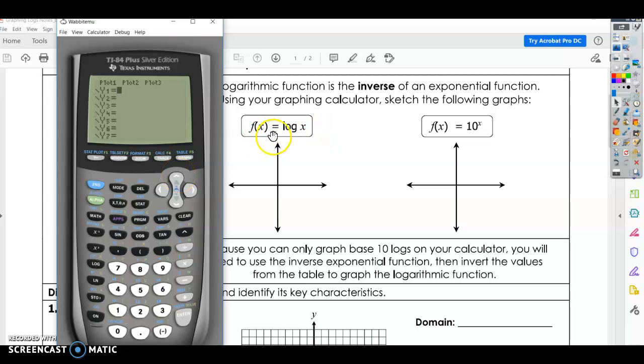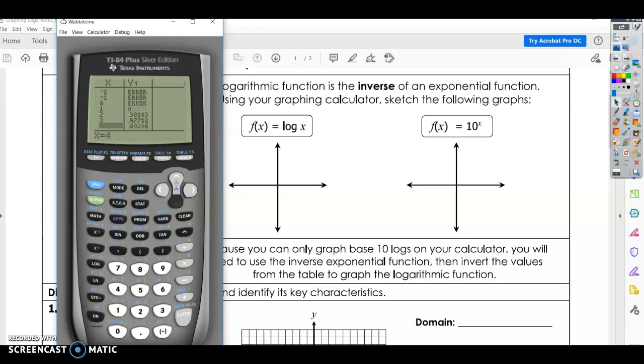So here we've got f of x equals log of x. I have a log button, log base 10, here on the side, so I've got log of x, and I hit graph. You can see it comes up and goes across here, mostly in quadrant 1. If you go to the table, you can see as you go up past 0 that there's an error.